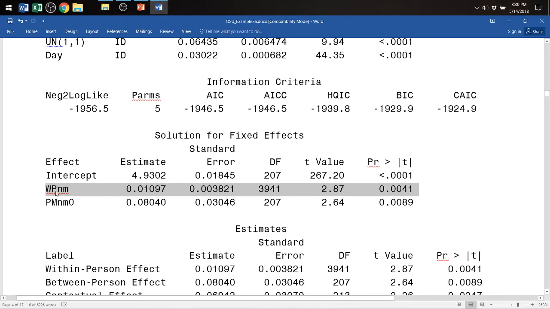So first off here, within person negative mood, that's my level 1 effect. So for every 1 unit increase in negative mood relative to my own average, so when I am grumpier than usual, for every 1 unit grumpier I am, my glucose that same day, so it's on the same row, goes up by 0.01.